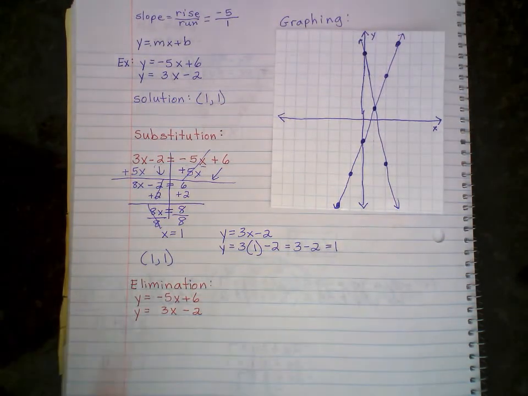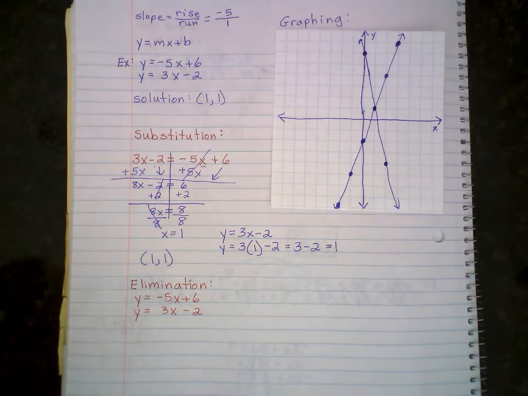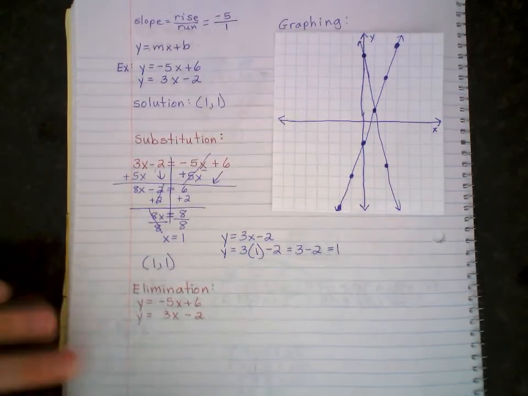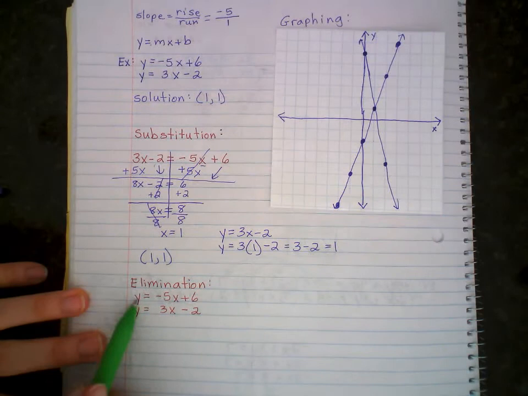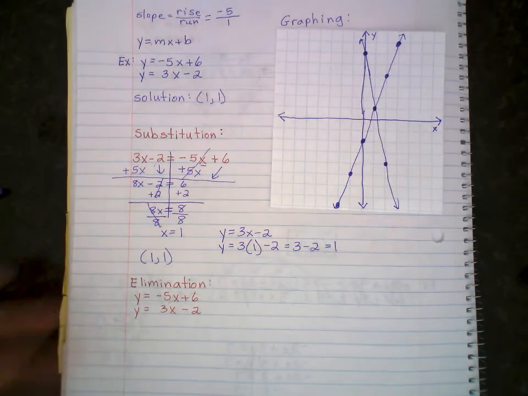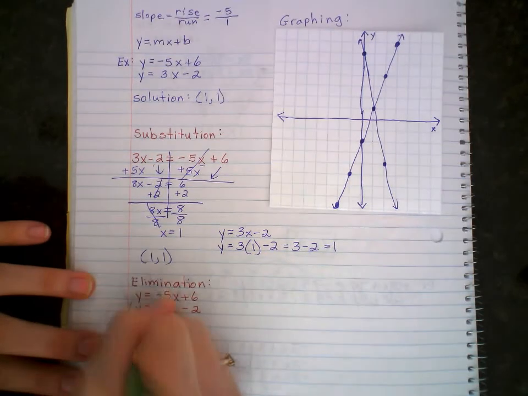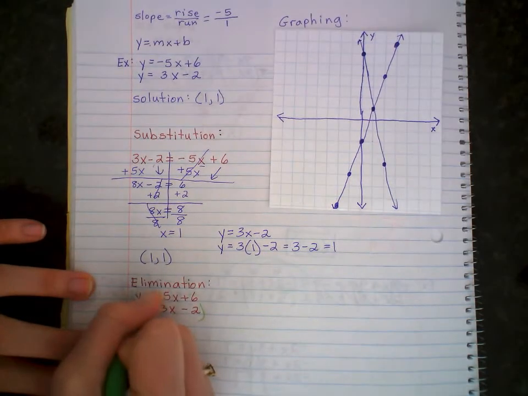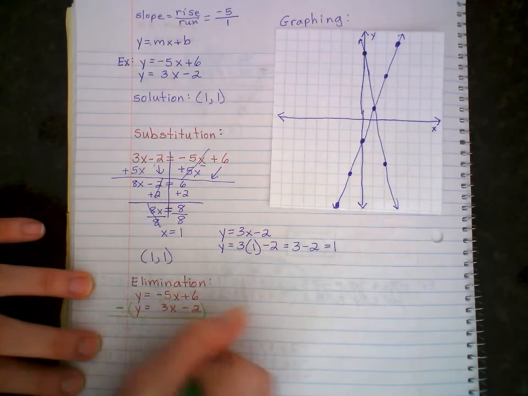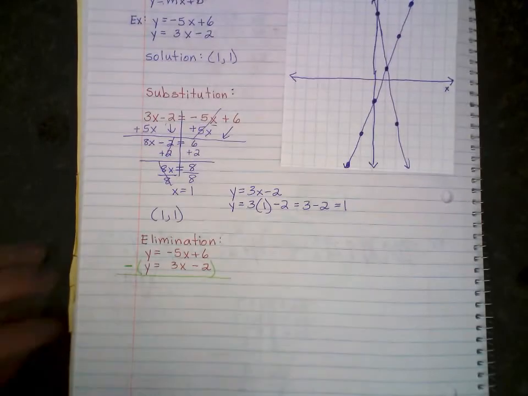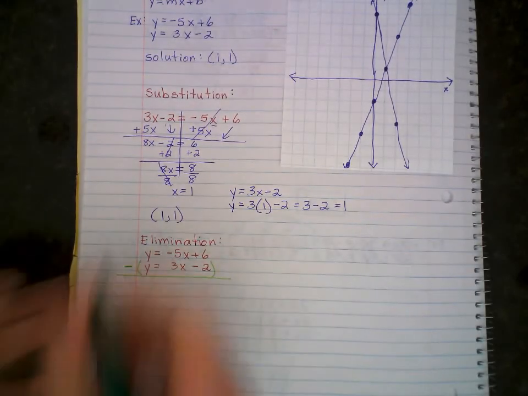So the y's actually are going to eliminate because they both have the same coefficient of 1. So y plus y, does that make it go away? y plus y, no, it doesn't. So we have to subtract. Let me do the darker green so you can see.